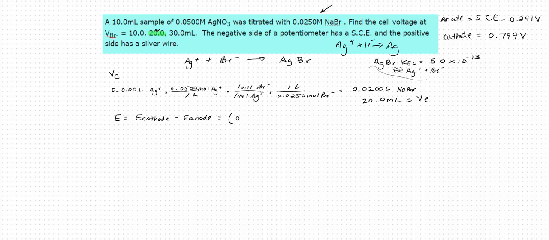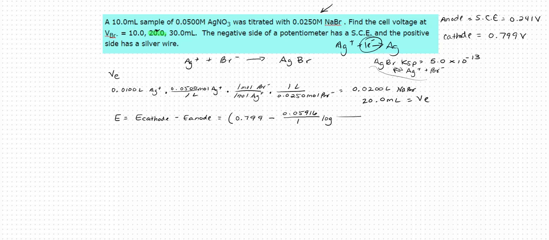So the E of the cathode is going to be the standard reduction potential, 0.799, minus our constant, 0.05916 over n, the number of electrons that are transferred, and there is one electron transferred, and that is going to be multiplied by the log of our Q value.